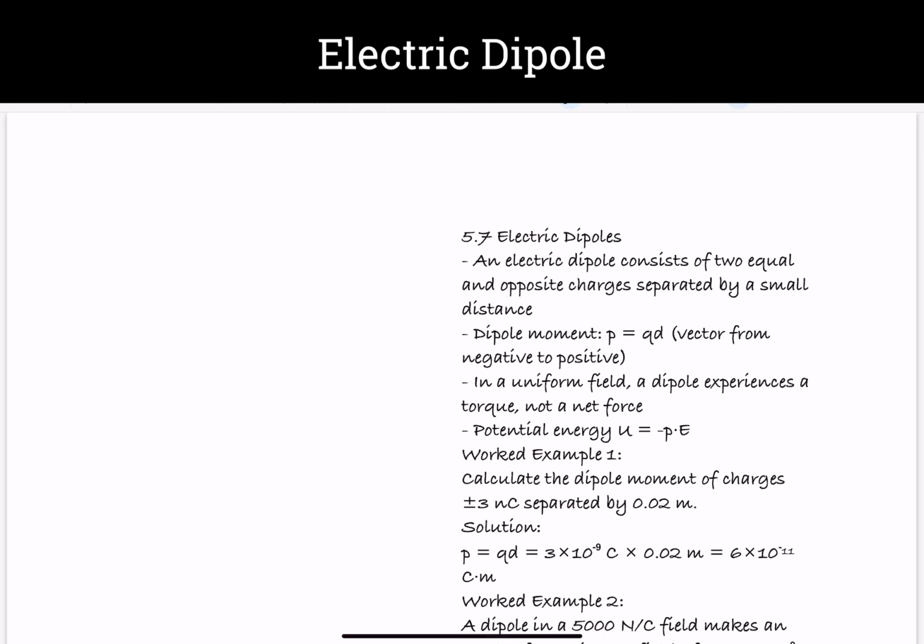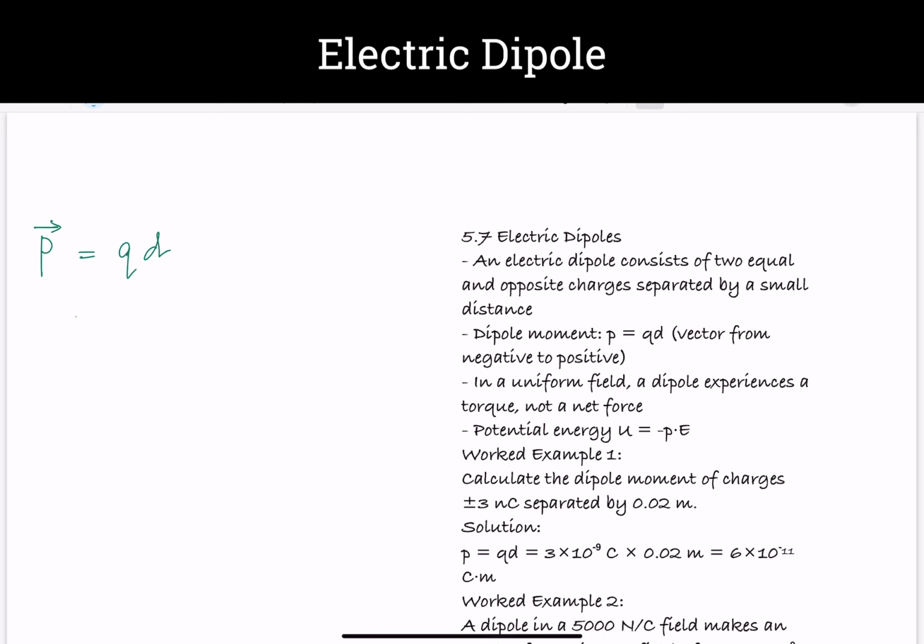And we have to define what is called the dipole moment. It's a vector. So the dipole moment P is one of the charges times the distance between them, Q D. And it's always from the negative to the positive.